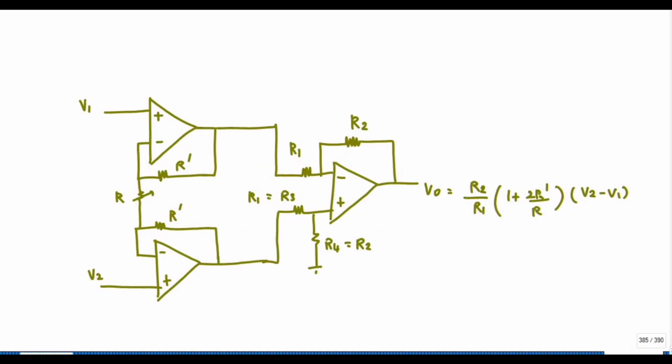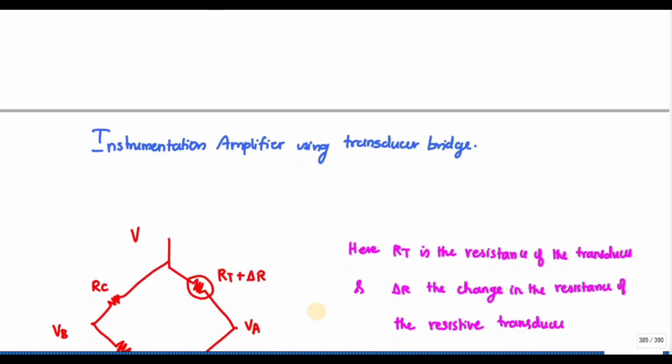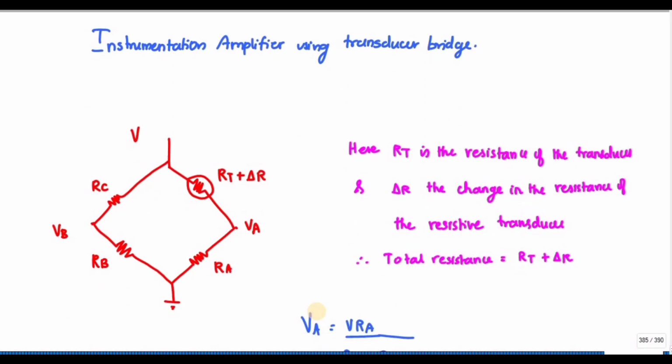So far we have discussed the instrumentation amplifier using three op amps, and this is the output that we have got. And next we are going to discuss the instrumentation amplifier using a transistor bridge. So here this is nothing but a resistive transducer.